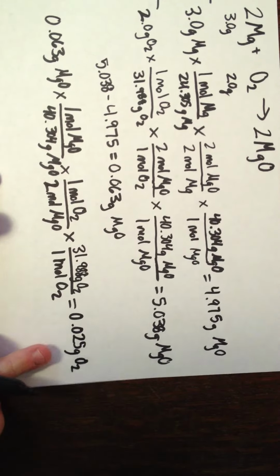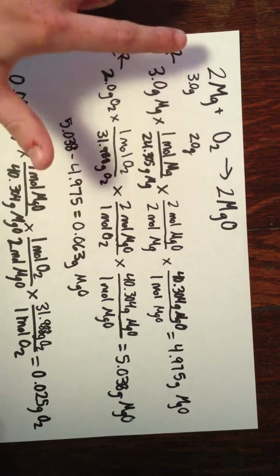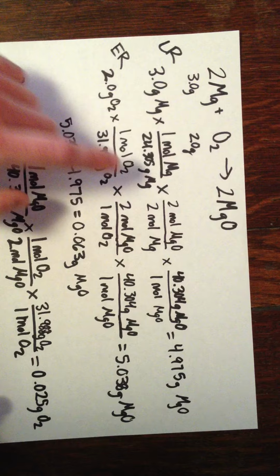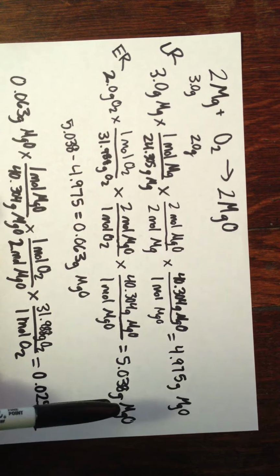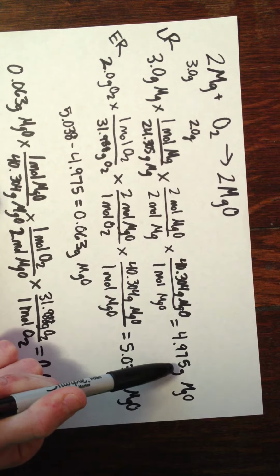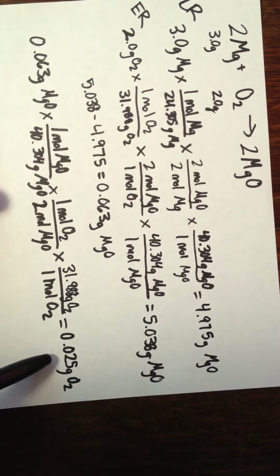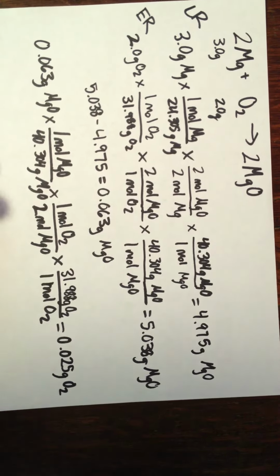What this is saying is that once this reaction is done and you have these exact values, you will have made 4.975 grams of magnesium oxide, and you will still have 0.025 grams of oxygen left.